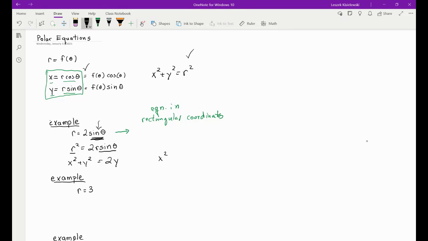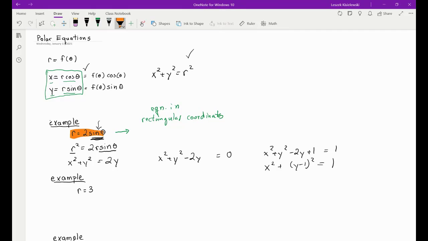And so we see that, I guess if I bring everything to one side and complete the square here, so I'm completing the square. Okay.